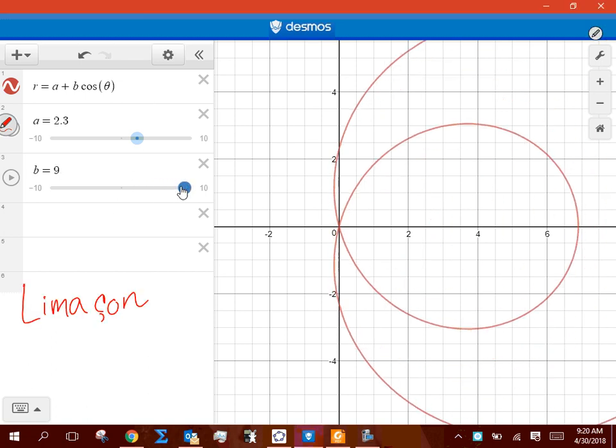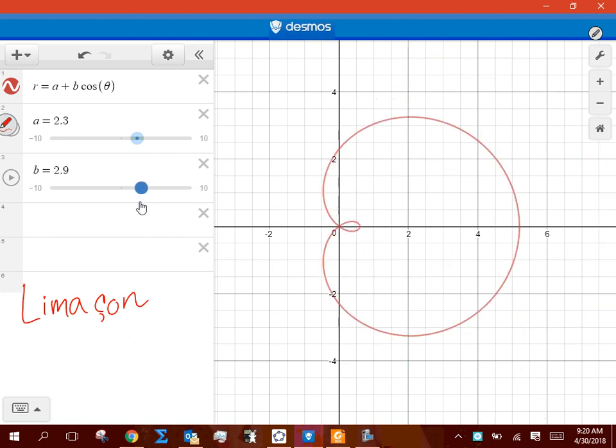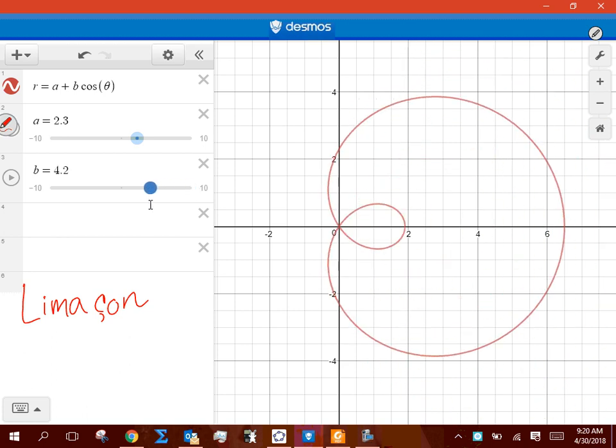And as we make that number bigger and bigger, that loop gets bigger and bigger. Now this is the reason why on Friday I talked about how when you plot points for these, once you plot 2 points, you want to connect them. Then you plot your third point and connect it, and your fourth point and connect it, instead of plotting them all at once and then connecting, because you lose sight of the order they're plotted in, and you'll miss how this loop is supposed to be graphed.